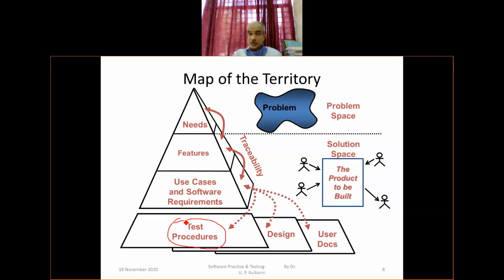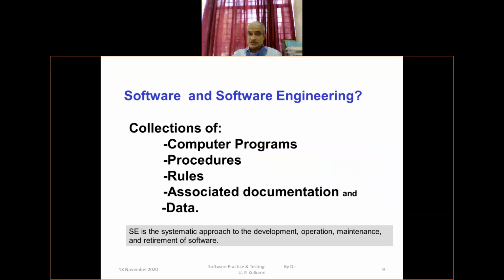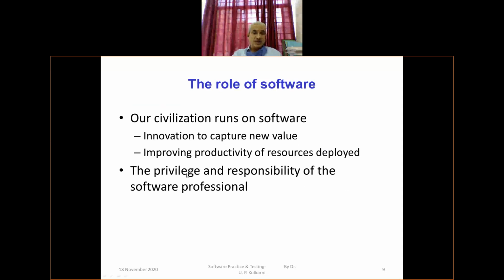That's what I'm sharing with you, nothing other than this. Then, software is a collection of computer programs, procedures, rules, associated documentation and data. All these things together make the product. Got it? Testing has its own position in all these things.